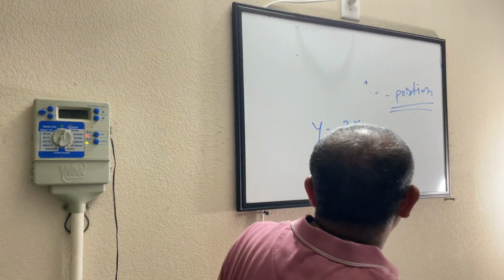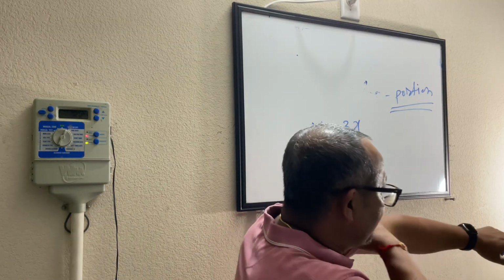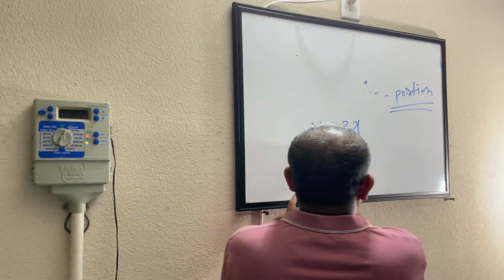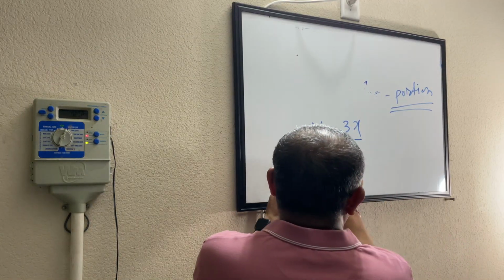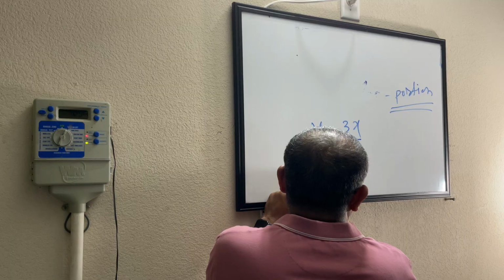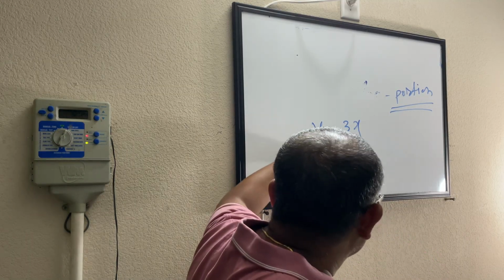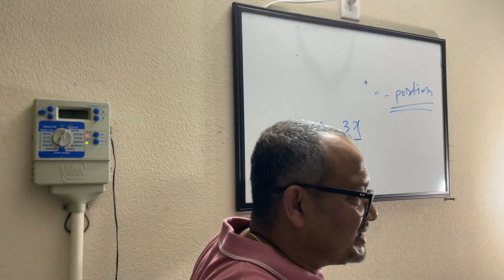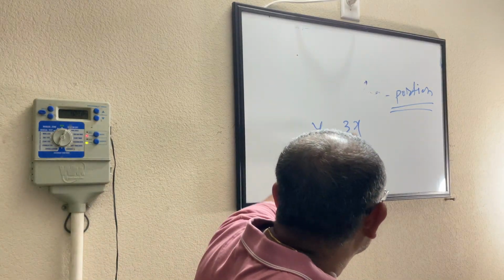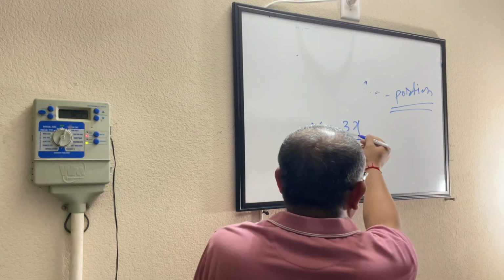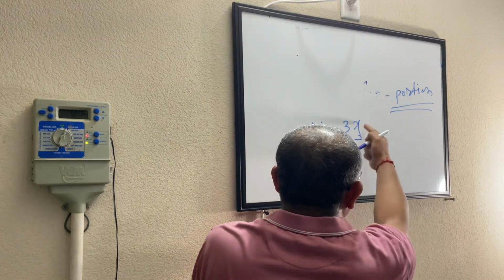So you are actually comparing two things. Here I am comparing my hand against the whole body. If I look at this equation, y = 3x, I am comparing y against x. And this 3, when I move x from this side to this side of the equal sign, it comes down.